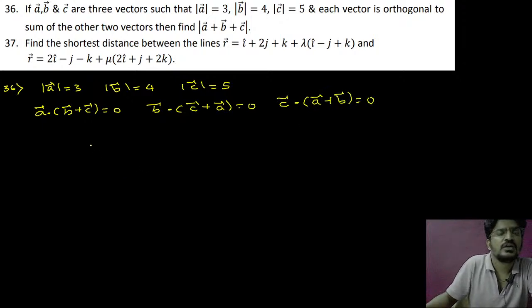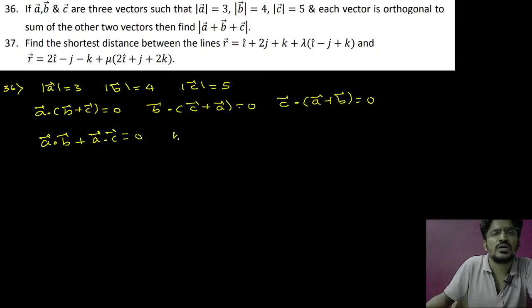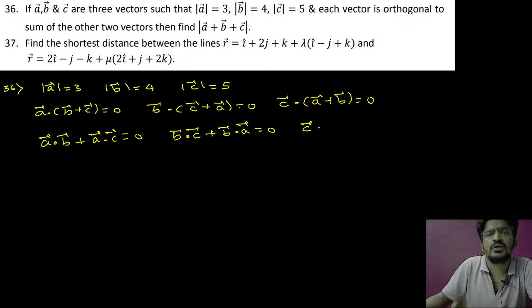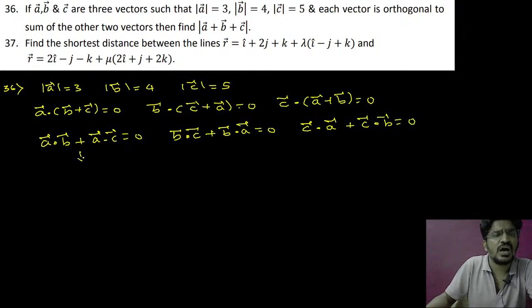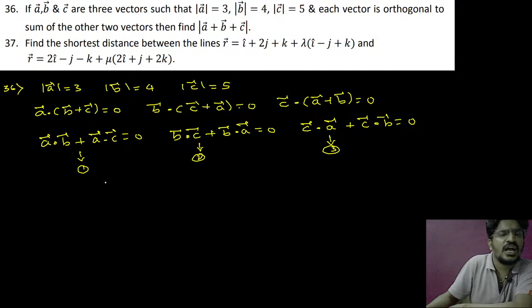Okay, so now if I simplify this, vector a dot vector b plus vector a dot vector c is equal to 0, vector b dot vector c plus vector b dot vector a is equal to 0, vector c dot vector a plus vector c dot vector b equal to 0. Now I will take this as equation 1, this as equation 2, this as equation 3, and I will add 1 plus 2 plus 3.